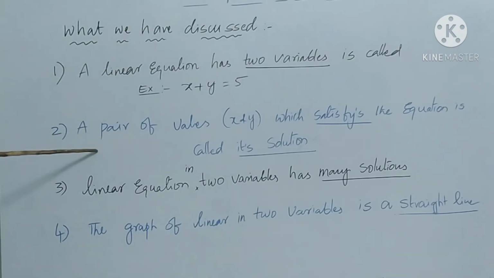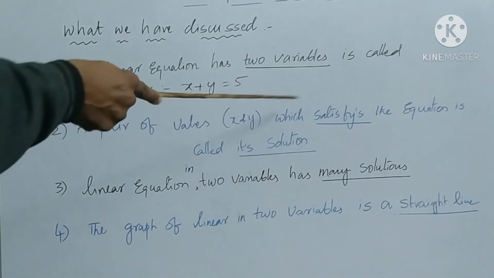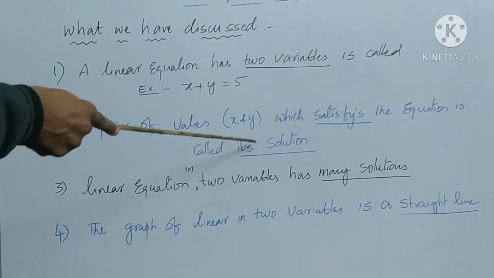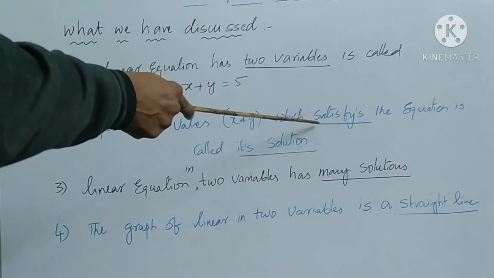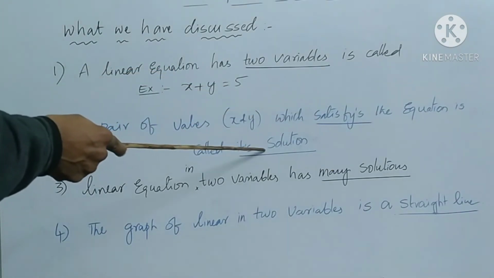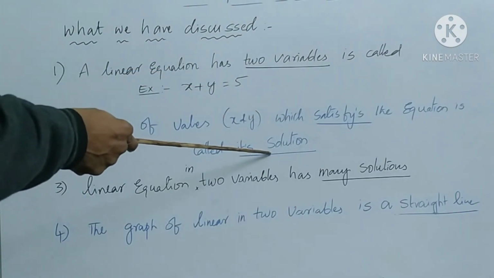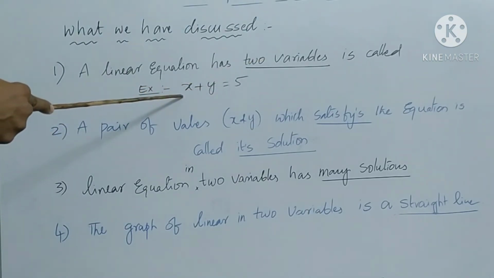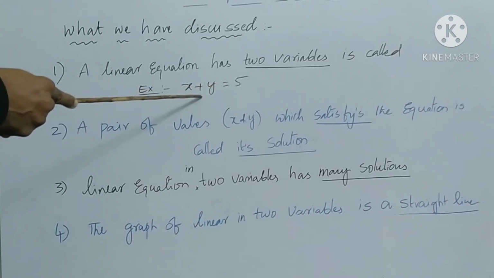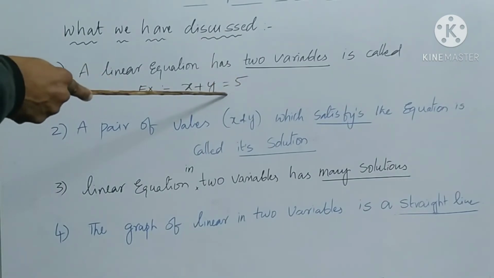Second, a pair of values x and y which satisfies the equation is called its solution. When x = 1, y = 4: 1 + 4 = 5, LHS equals RHS.